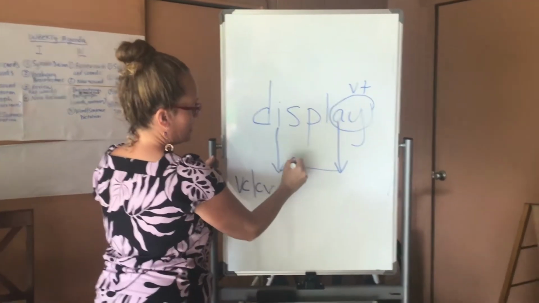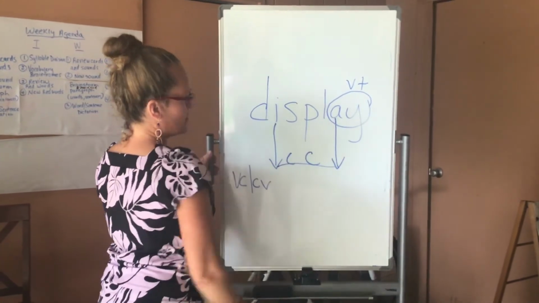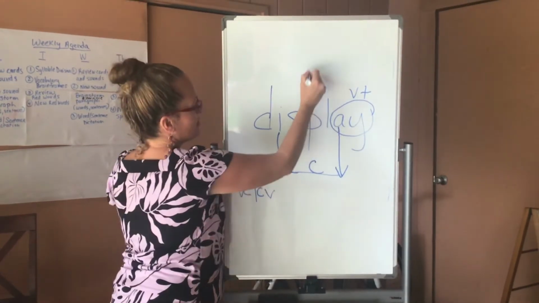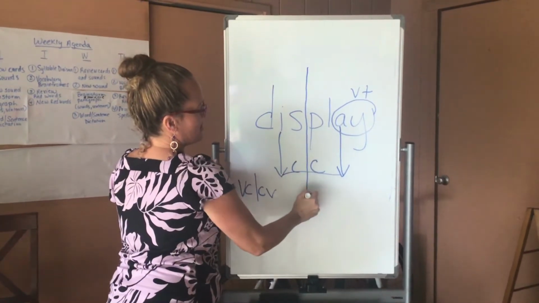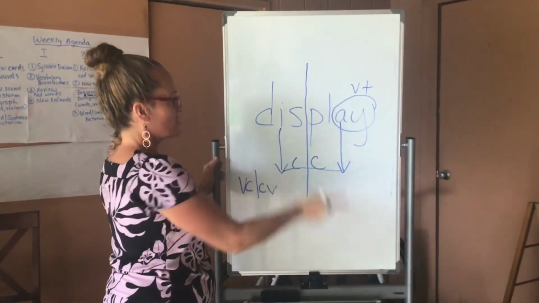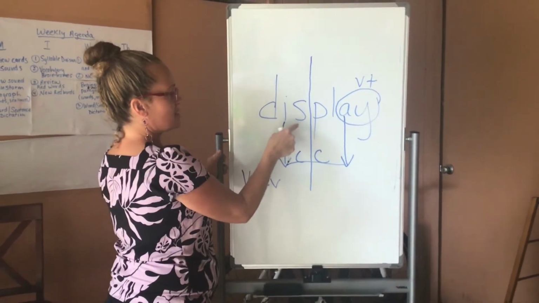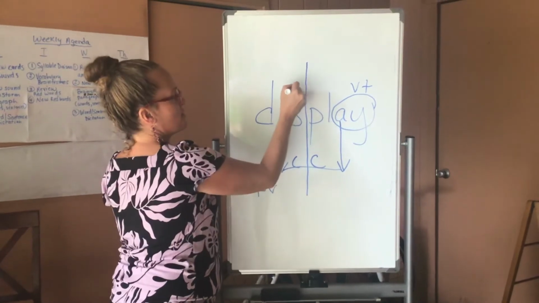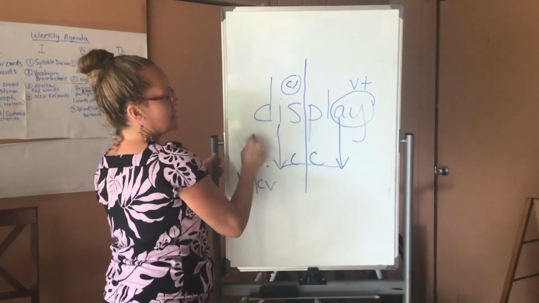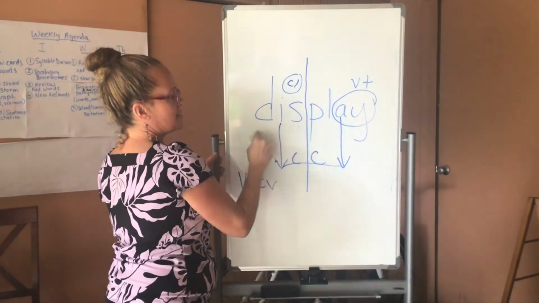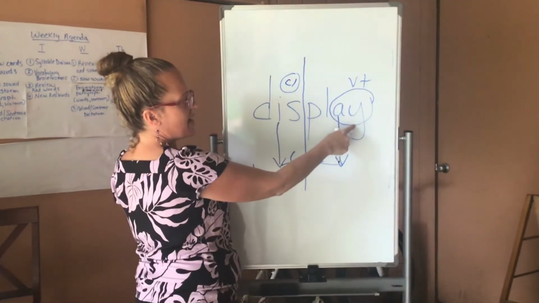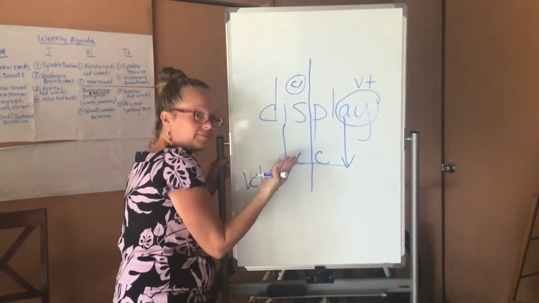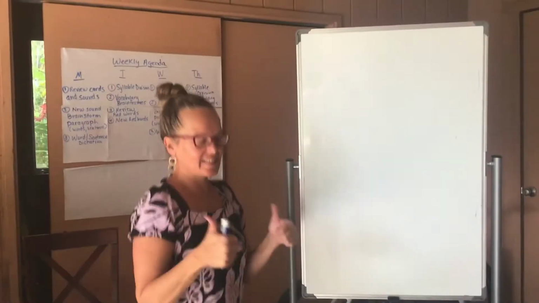I have my consonant. So where do I draw the line? Between the S and the P, right? So this means that this I is closed in by the S, so it says it, right? So I'm going to put a CL for closed. So it says dis, and we know this says A. Play, display. There's my display. Open. This is the last one.